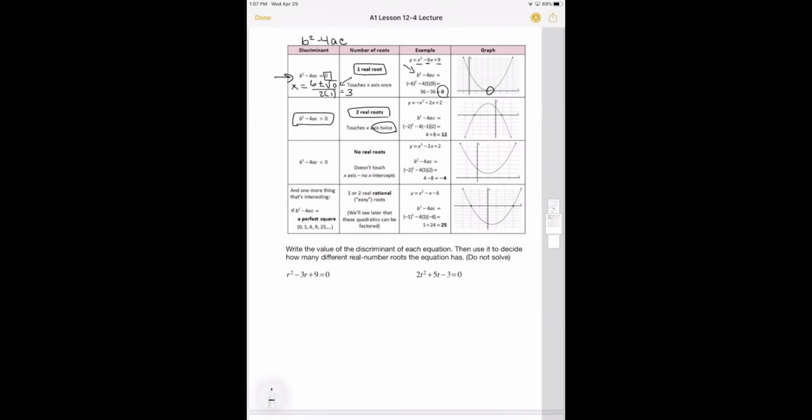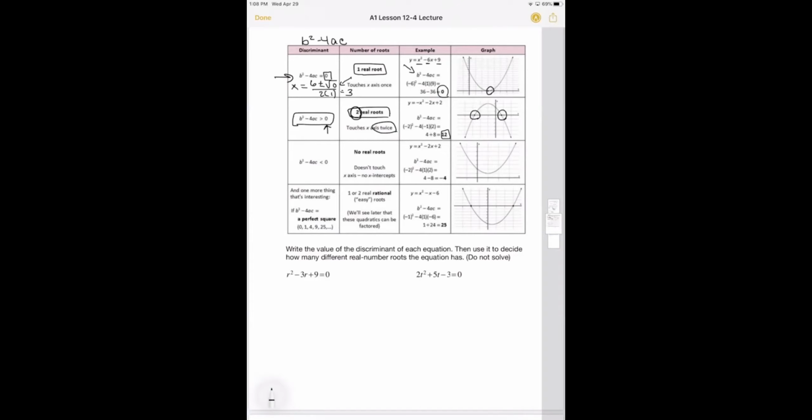So here's an example in the example box: y equals -x squared minus 2x plus 2. And they have found the discriminant to be 12. It's a positive number. And so since it's positive, I'm going to have two solutions, and it's going to intersect the x-axis in 2 places.